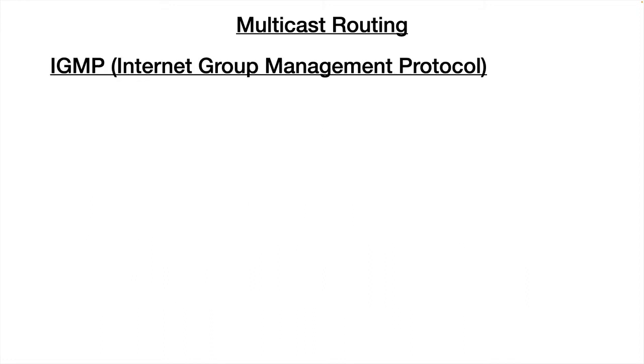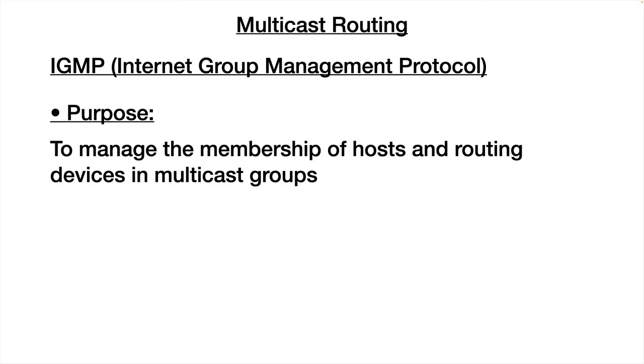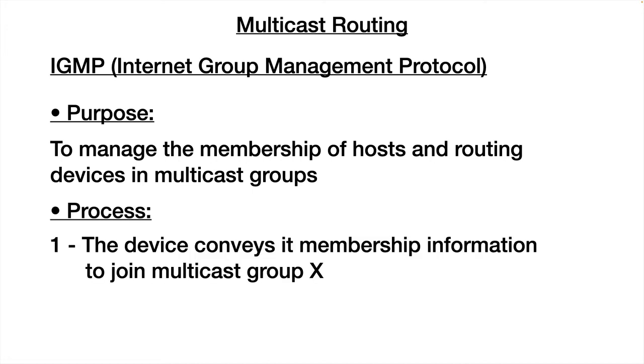So IGMP stands for Internet Group Management Protocol. The purpose of it is to manage memberships of hosts and routing devices into multicast groups that are related to routing. The process is like 5 steps.